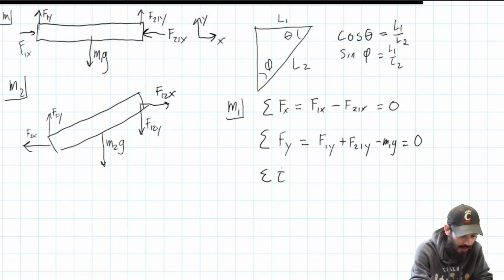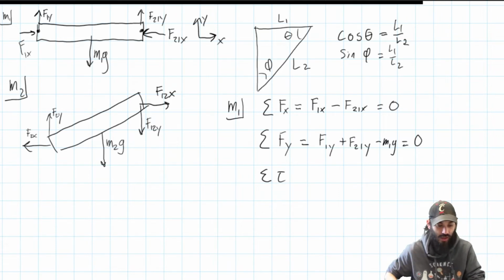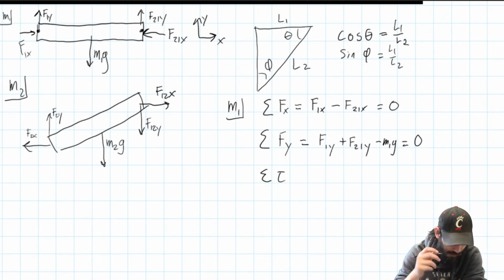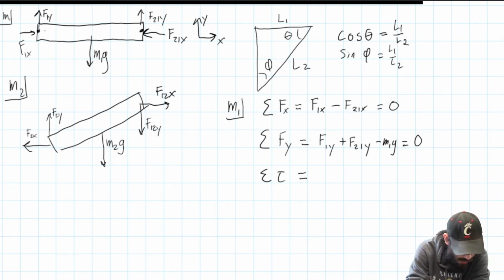So I could pick this point right here, or I could pick this point right here. That would eliminate 2, but that's the best that I can do. So I'm just going to pick the one on the left, because that's the point it's actually going to rotate about. Why not? So this is going to be equal to this torque here from M1g.